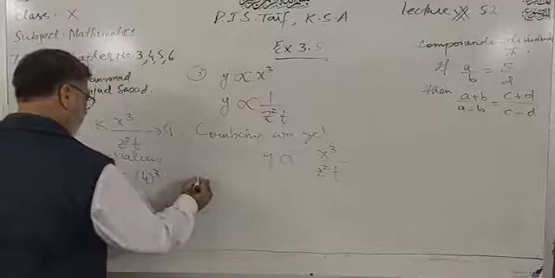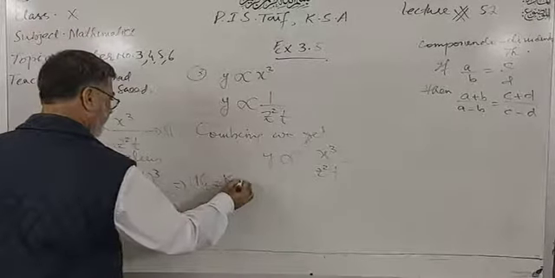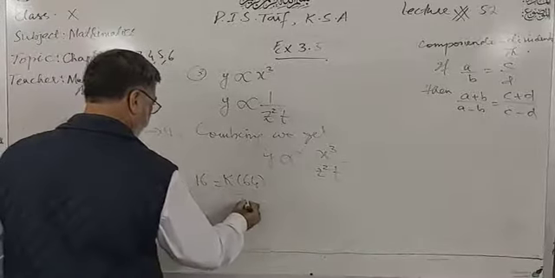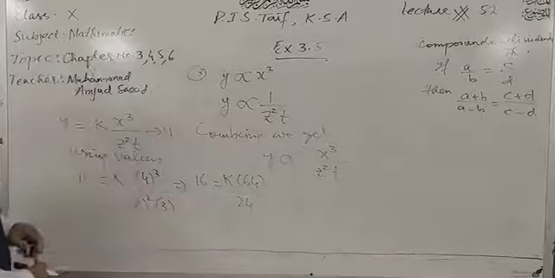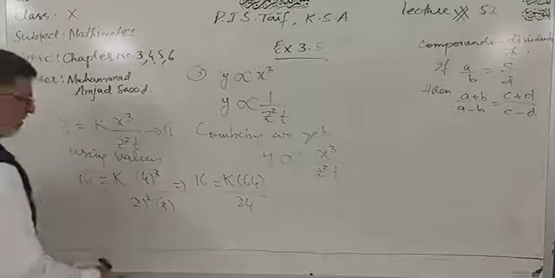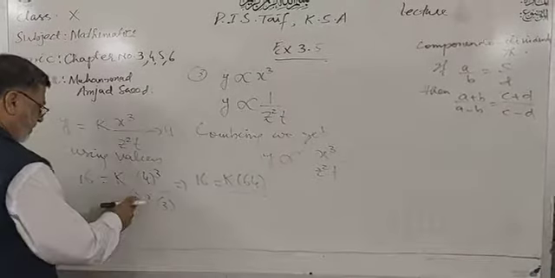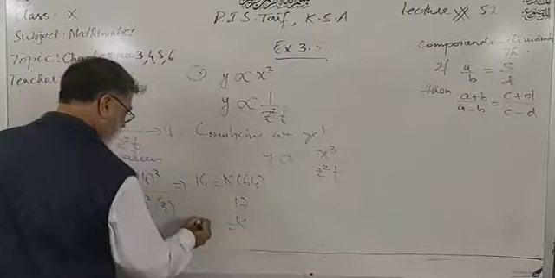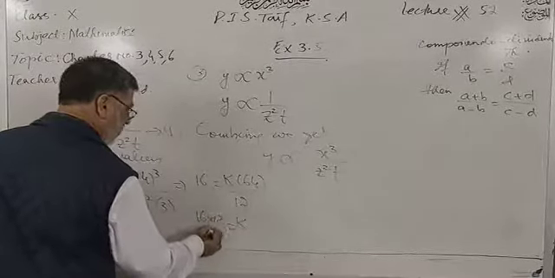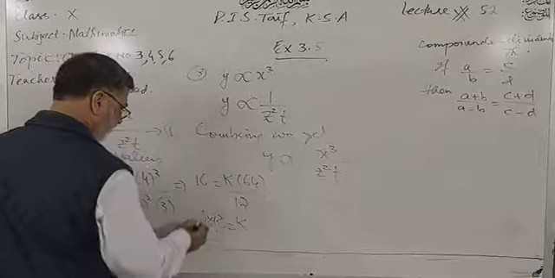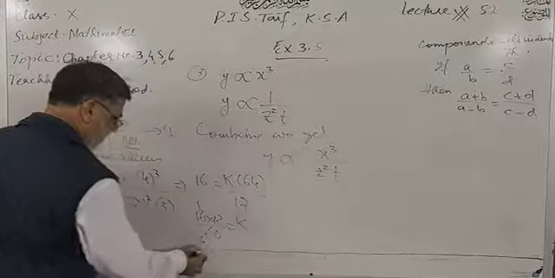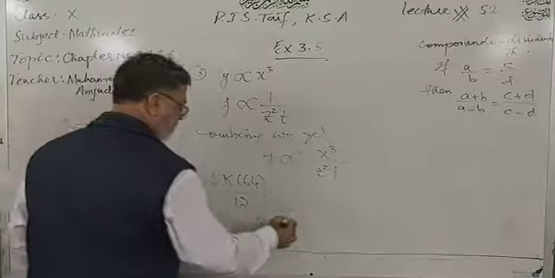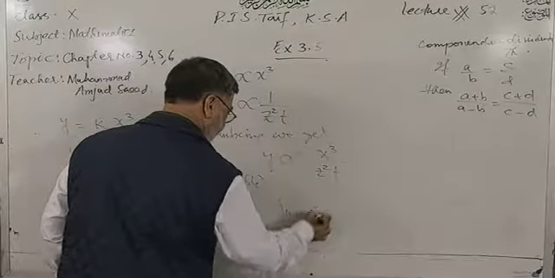Here we have 16 is equal to k into 64 over, that is 4 times 3, which is 12. So k is equal to 16 into 12 over 64. 16 goes into 64 four times, and 4 times 3 cancels. So k is equal to 3.